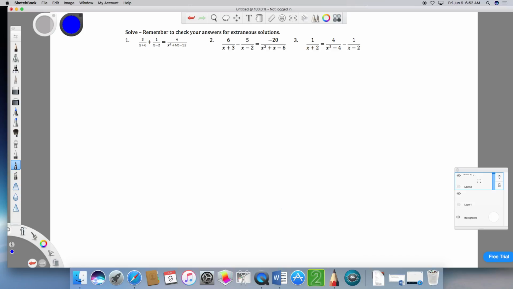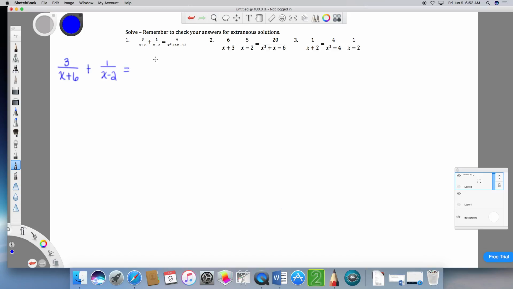So our first step in these is generally to factor all the denominators. So let's take a look at number one. We've got 3 over x plus 6, and in the second term, 1 over x minus 2.